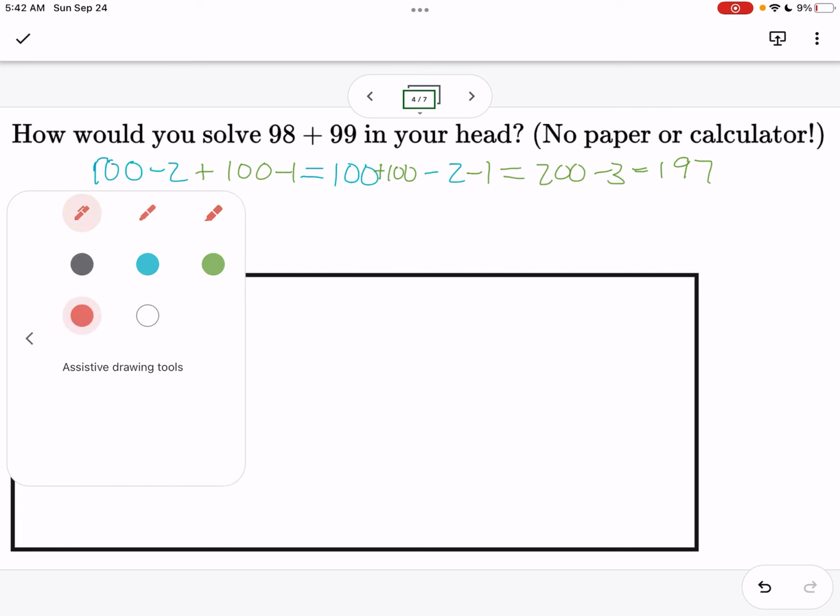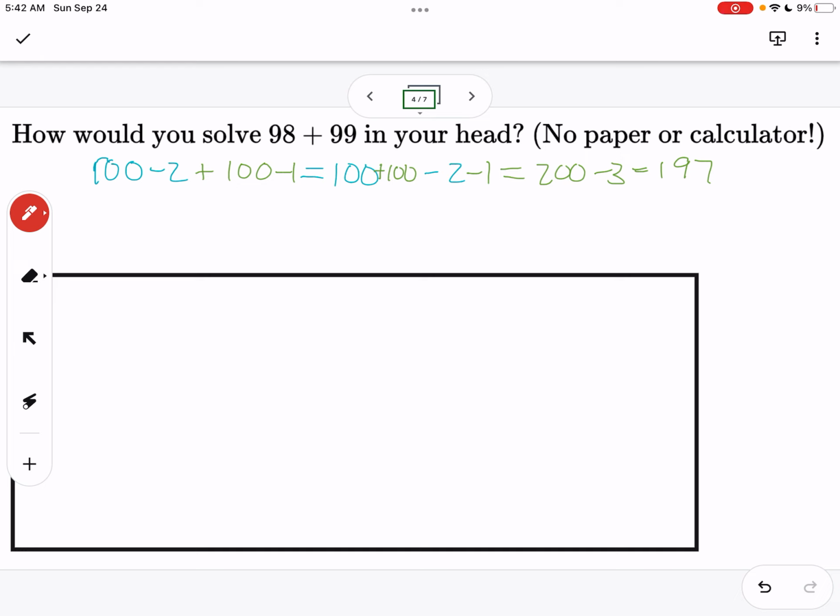But this method, where I rewrite 98 as 100 minus 2 and 99 as 100 minus 1, and then rewrite the numbers that I'm adding to make it easier to add and subtract, would be a lot easier if we're adding 98 plus 97 plus 196 plus 299.